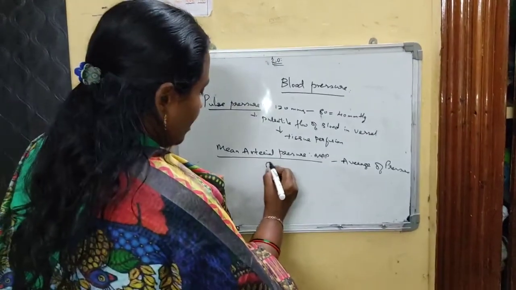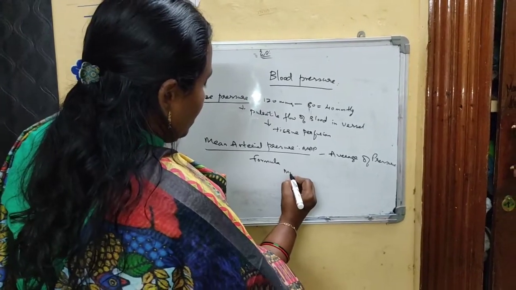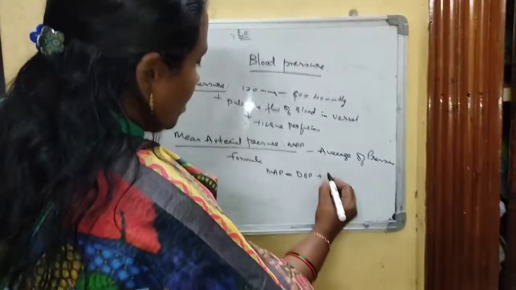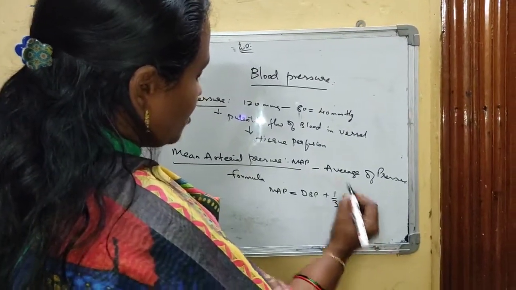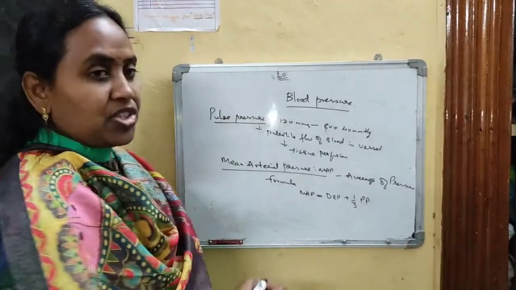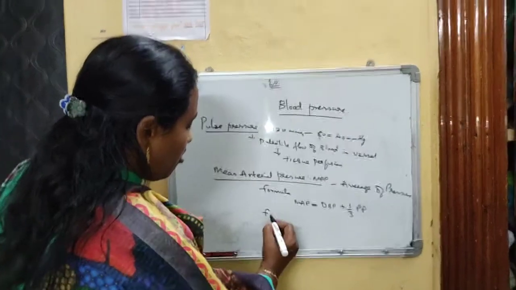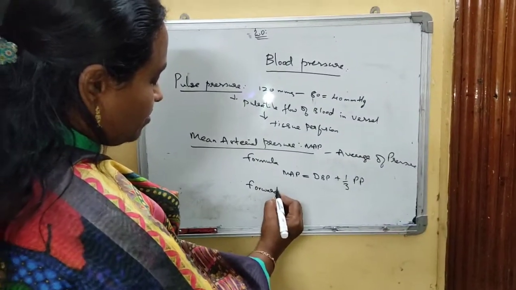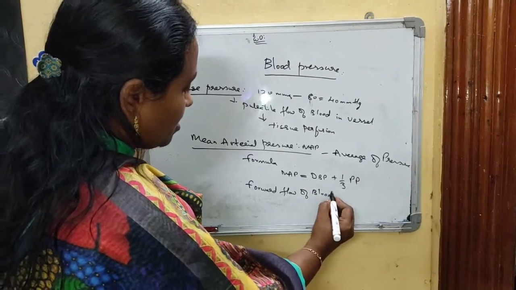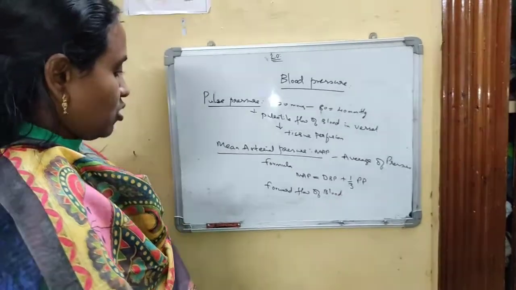Mainly it is calculated with a formula: mean arterial pressure is equal to diastolic blood pressure plus 1/3 pulse pressure. So this mean arterial pressure is also required for the forward flow of blood in the vessel, which is also essential for tissue perfusion.